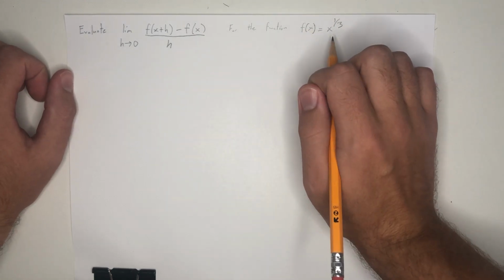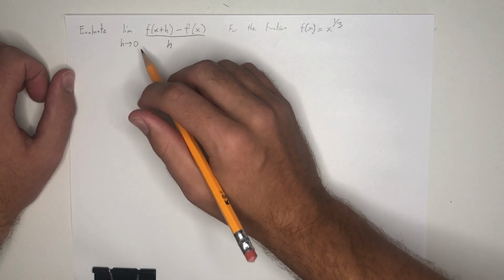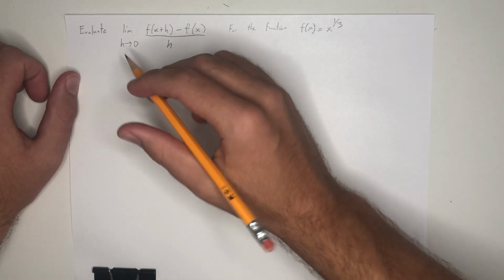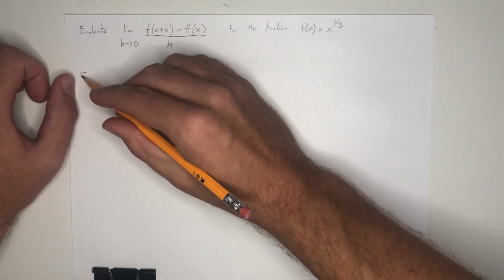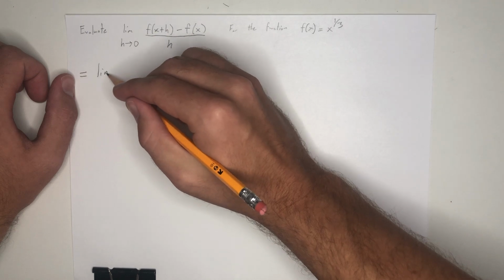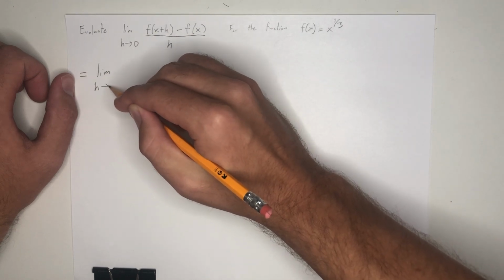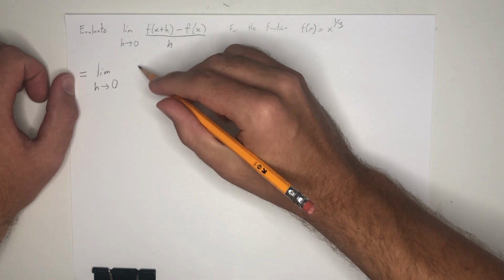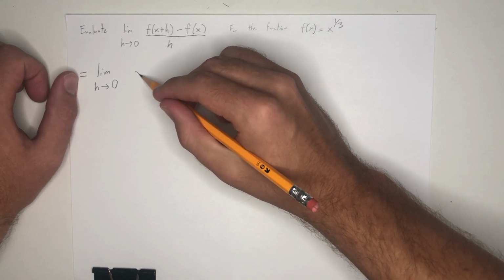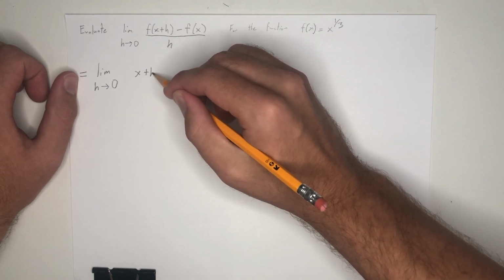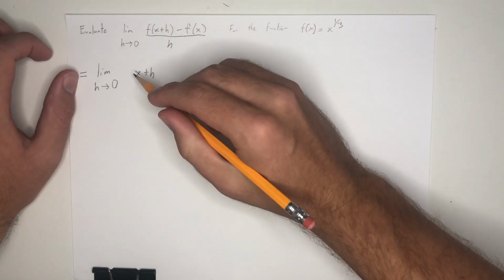So the first thing I'm doing is just going to put my function in here and see what we get. We get the limit as h goes to 0 of x plus h is our x.